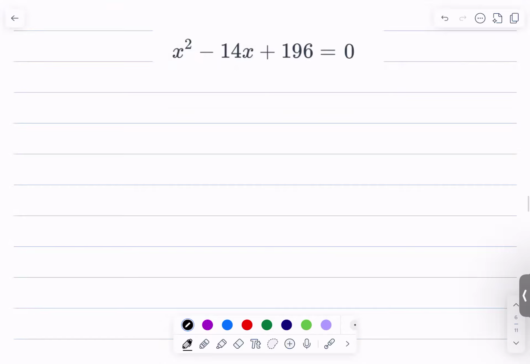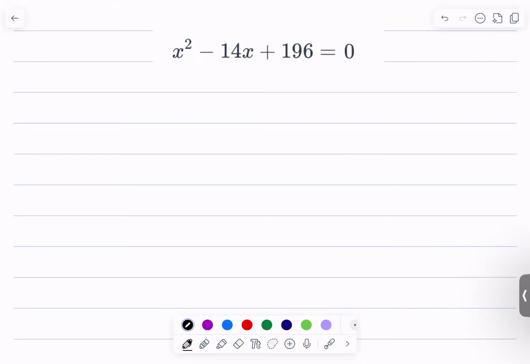Cool? Okay. My next example, you guys are going to do. With this one, both quadratic formula and completing the square work. For all of them, it works. But there is a more efficient way.